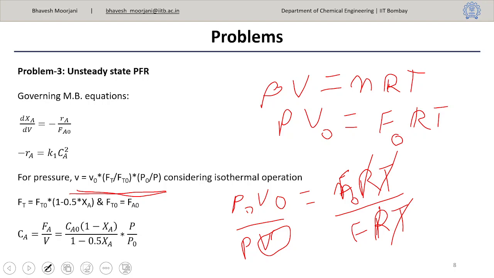Now if you look at FT, which is your total molar flow rate, you can also relate it to the conversion happening in the reaction.